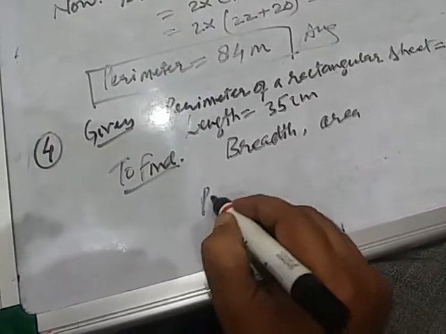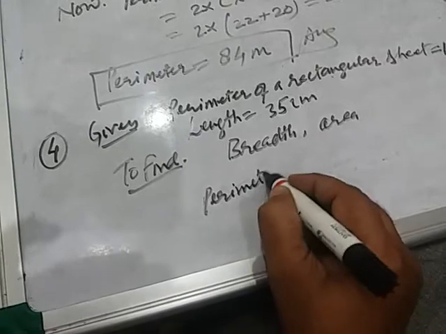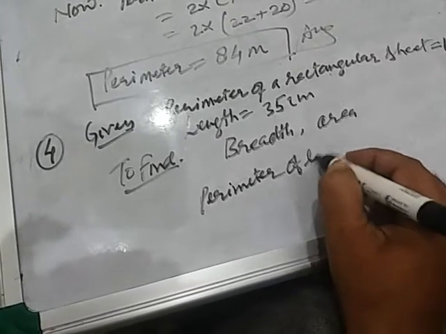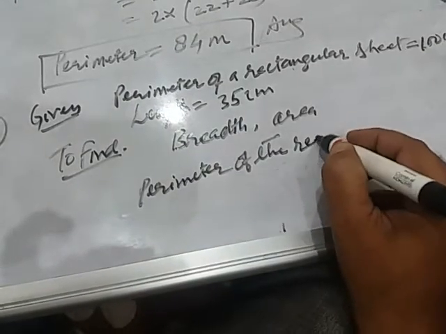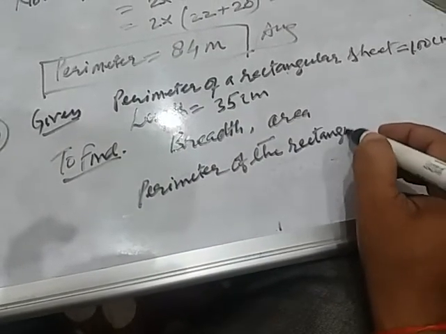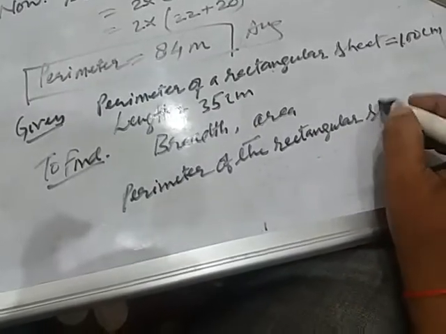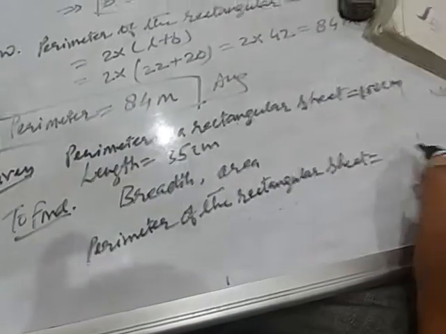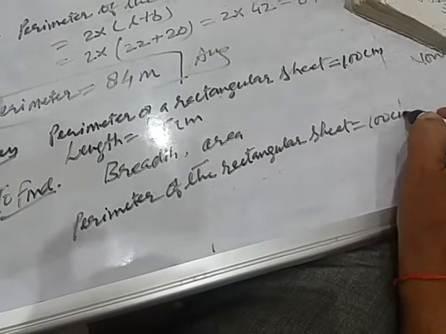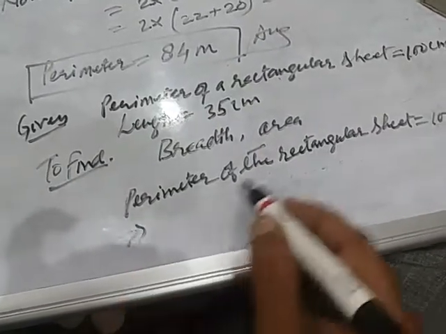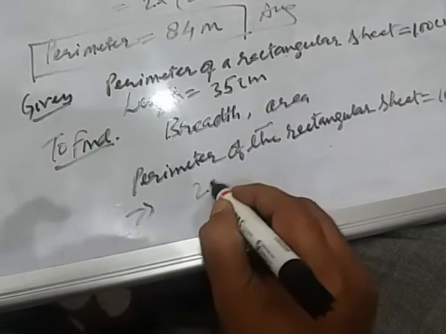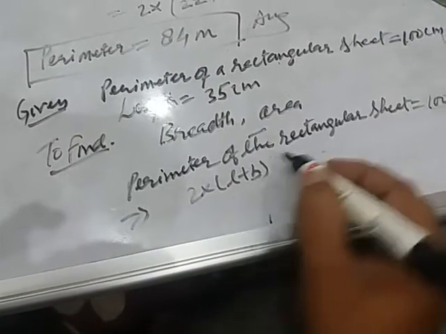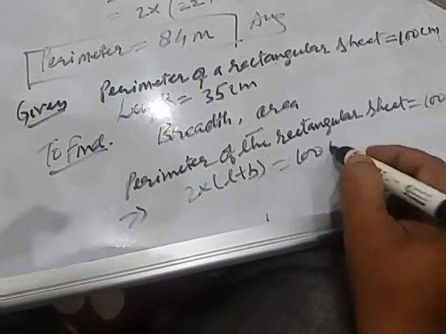Perimeter of the rectangular sheet equal to 100 centimeter. Okay, children, now put the values. What is the formula for perimeter? 2 into L plus B equal to 100 centimeter.